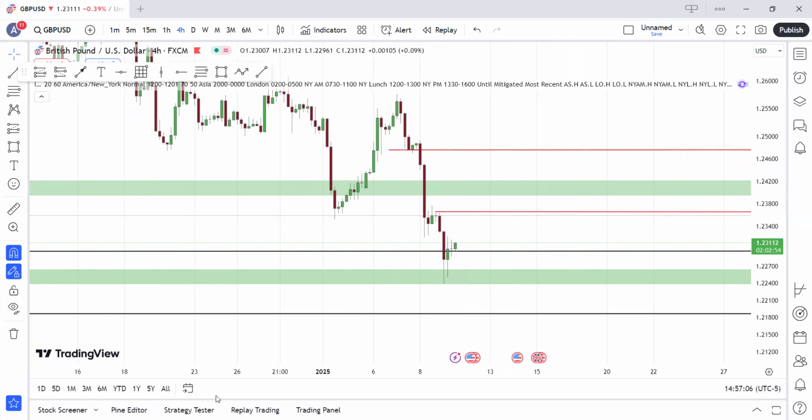GBP looks a bit cleaner, but sometimes the messed up thing about it is that you would like to trade the Euro USD when the Euro USD is a bit choppy, and then on the other side, GBP USD is clean, and then when you want to trade GBP USD, it becomes choppy, and then Euro USD becomes clean.